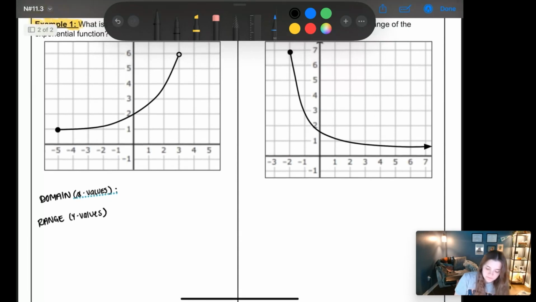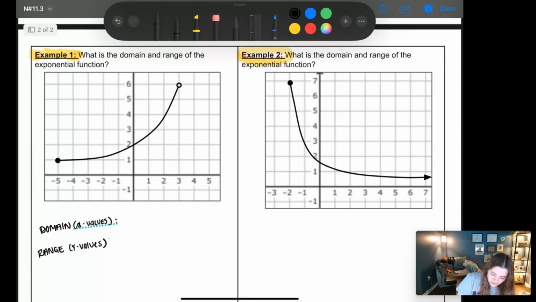And if you'll remember from above, your x values on this x-axis, that's your left to right. Your y values are bottom to top, your y-axis there. Okay, so let's start with domain. Let's start with those x values.